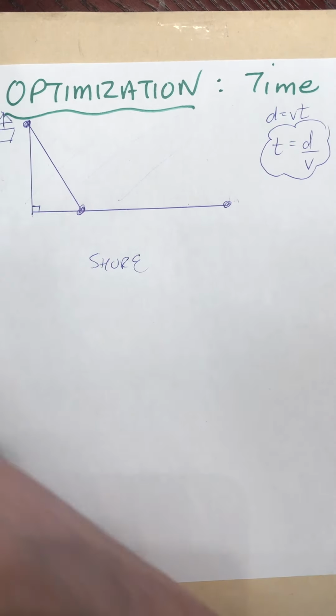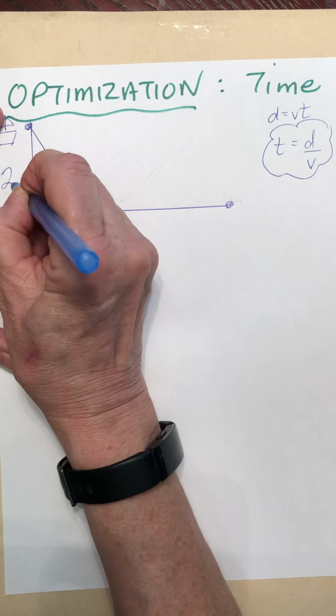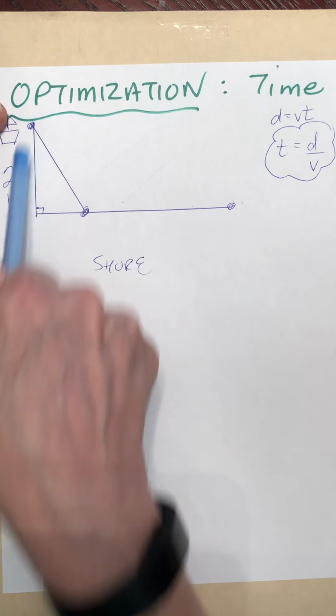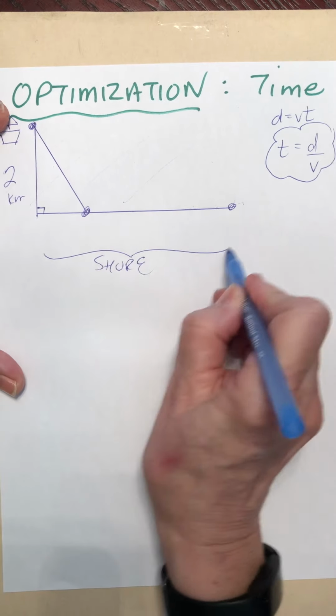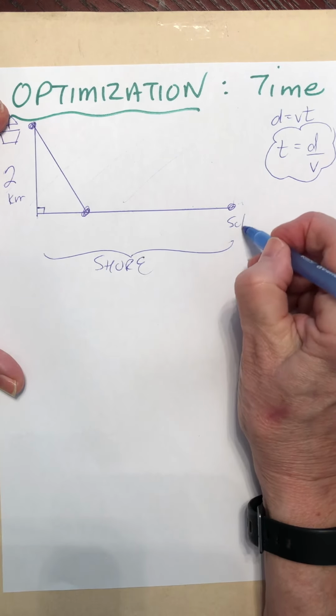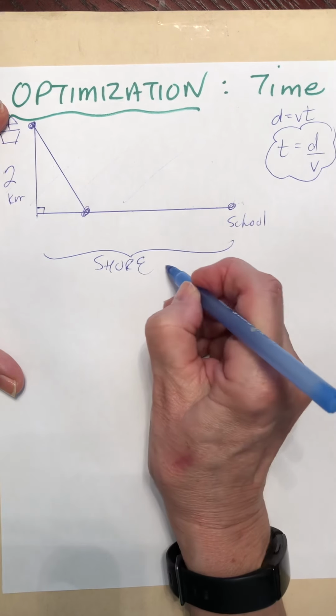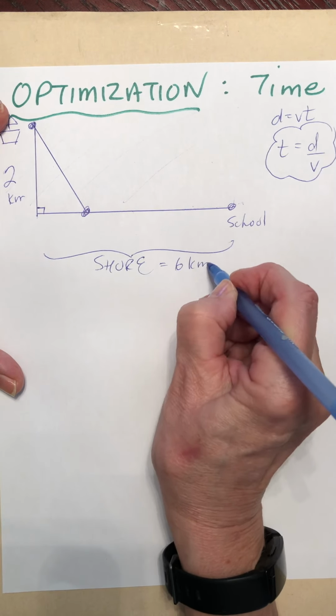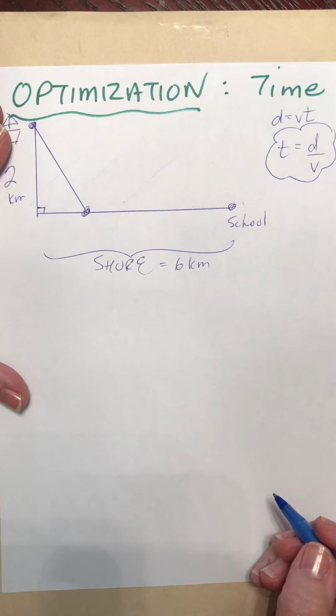So you need to be given some information. So let's say you're told you are 2 kilometers offshore. Let's say this entire distance along the shore, if you landed here to school, so here's school, is 6 kilometers.